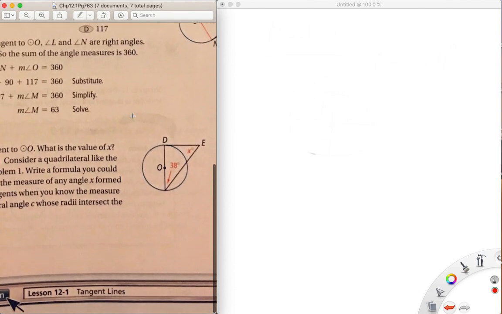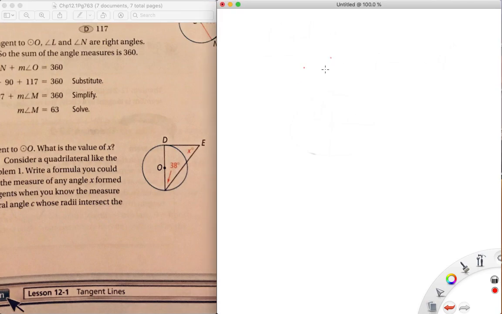Okay, so here we have a circle. We have the center at O. We have a diameter that cuts through that.